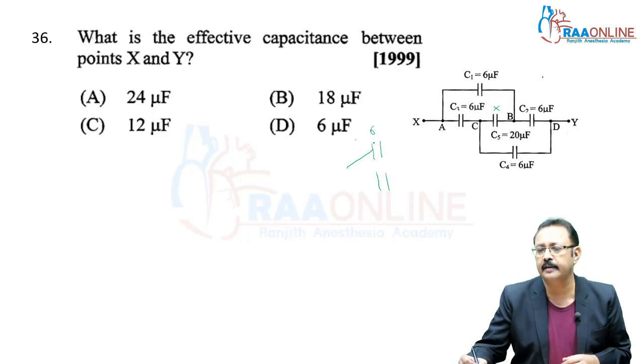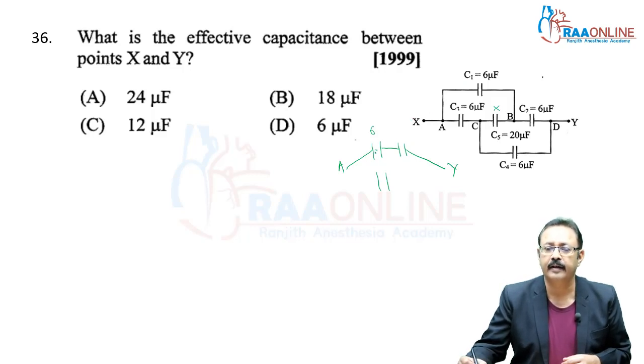This is 6. After this, it will go through this, then towards Y. Like this, it is C1.